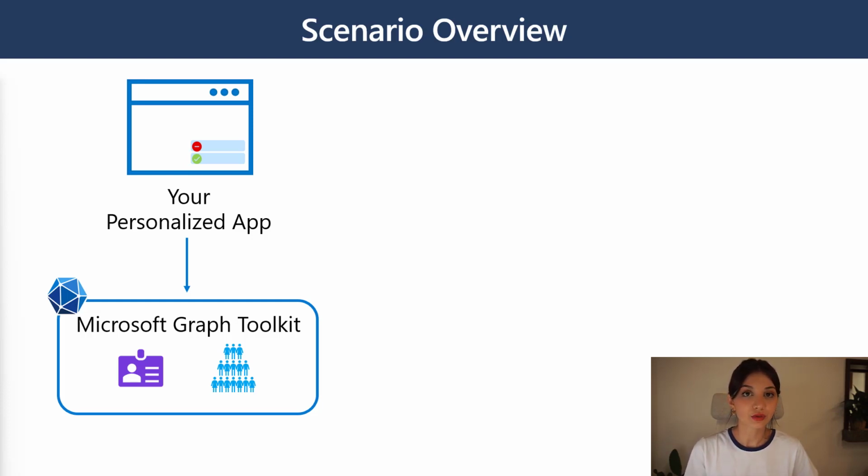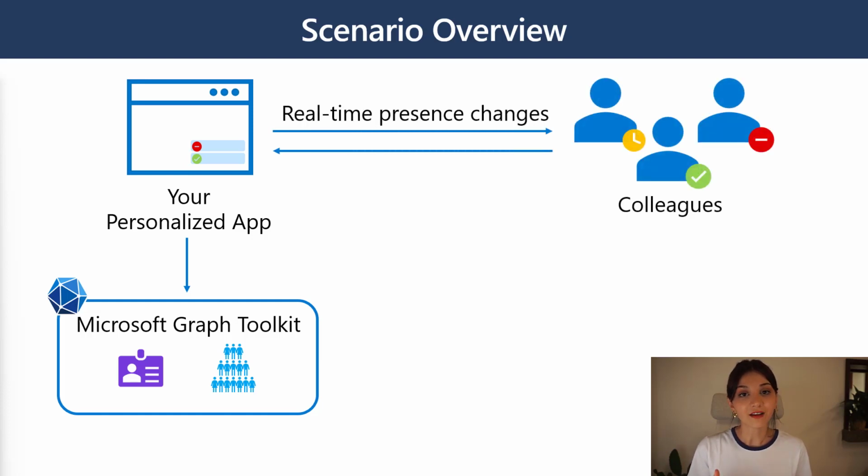And now we want to go one step further and get more information. While we are collaborating in the brainstorm app, if one of our colleagues becomes available, we want to receive a real-time notification about that person's presence status. So how can we track changes in real time in Microsoft 365 data?